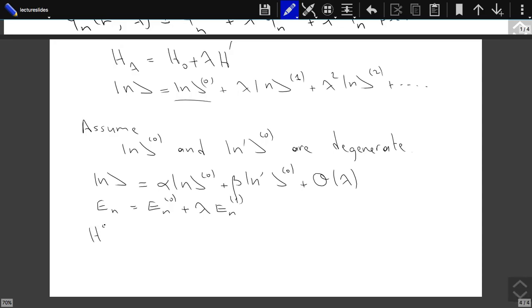And what else we know? We know that H0 on N0 should be En0 N0, and H0 on N prime 0 is equal to En0 N prime 0. This is what we mean by degeneracy.